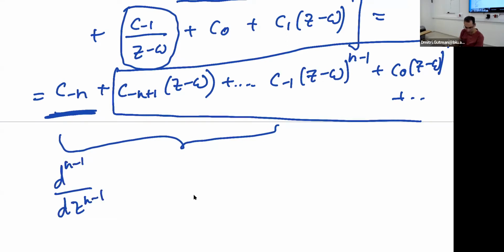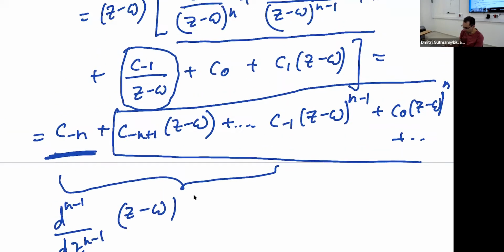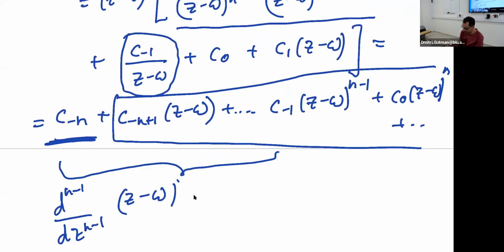expression above, which was, I remind you, (z minus w) to the power n times f of z.